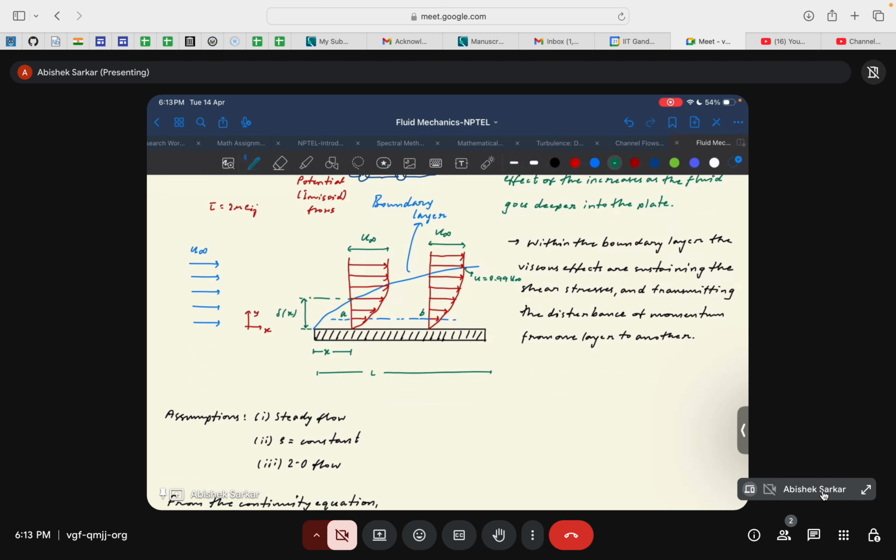Okay, why 0.99? This is primarily because if we tried to find the point at which u becomes exactly equal to u infinity, the boundary layer would extend to almost a very long distance.